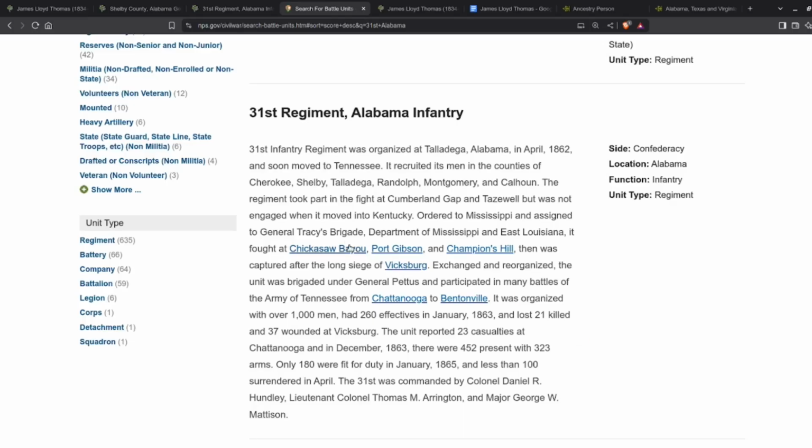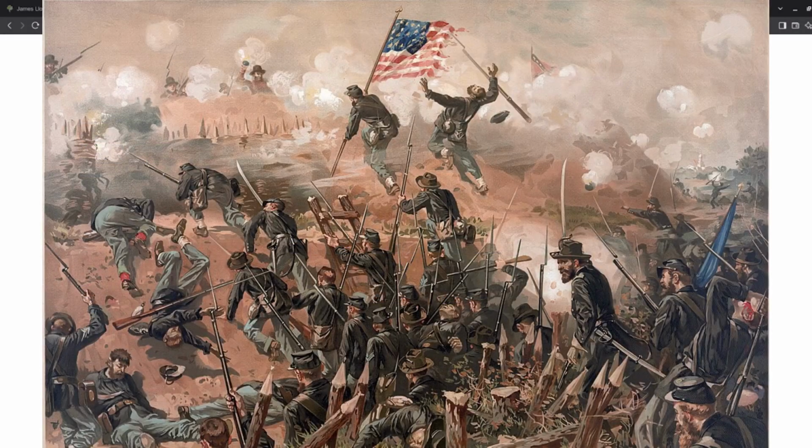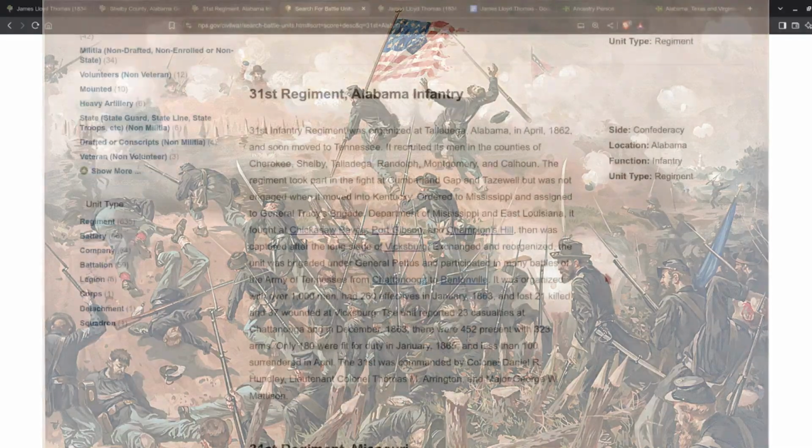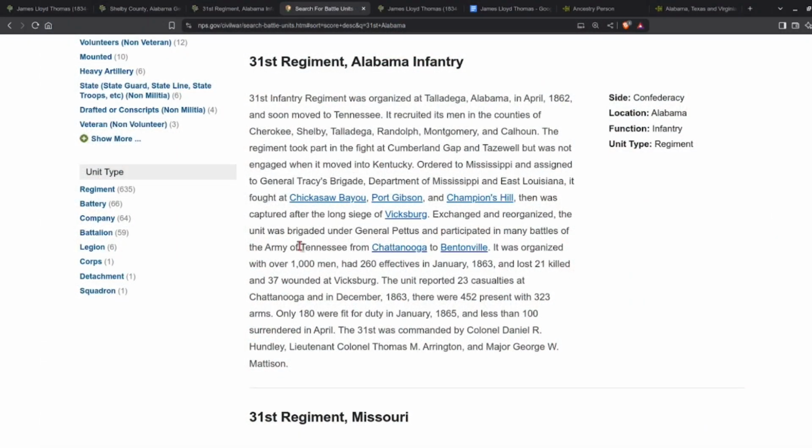So he took part in the fight at Cumberland Gap and Tazewell, then moved to Kentucky, then went to Mississippi and fought at Chickasaw Bayou, Port Gibson, and Champions Hill, and then was captured after the long siege of Vicksburg. So pretty good chance he was a prisoner of war. And then he was exchanged and reorganized into a new unit.